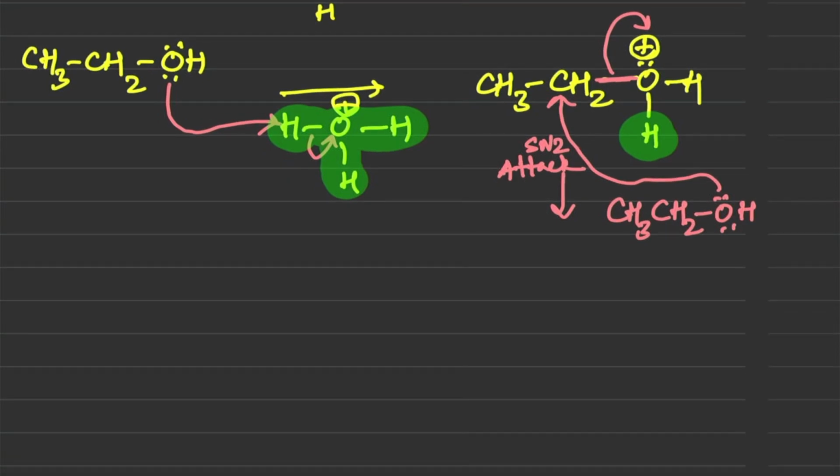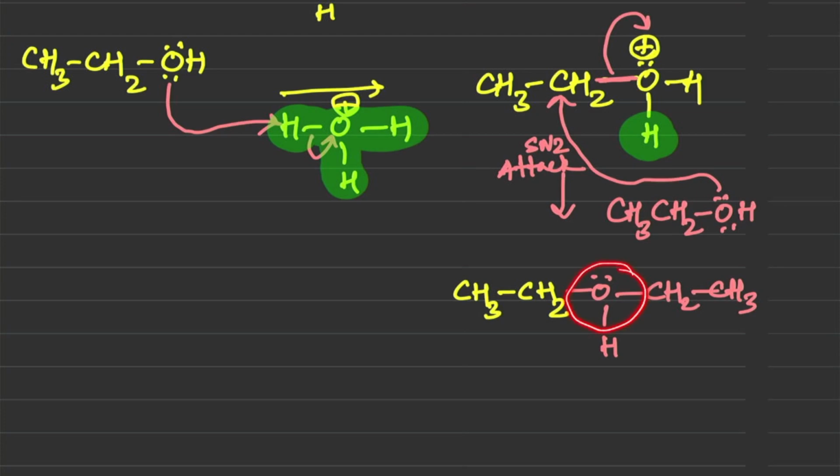Now we got a situation where, let me color code. We got CH3, CH2, and then the oxygen from the red came in to attack. You notice again, oxygen has 3 bonds at the center, so it should have a positive charge.